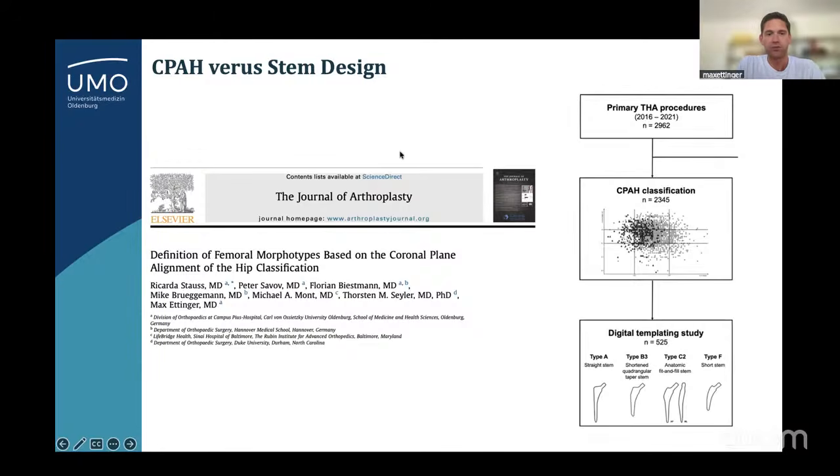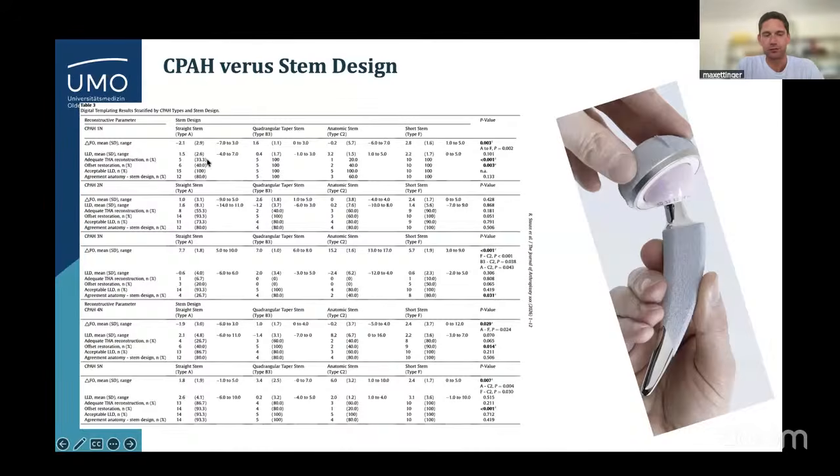And what we saw within that templating study is, and we're not going to go through that sheet here, that the short stem is basically the stem that allows us to reconstruct the patient's individual anatomy in most of the cases. So within that CPAH classification, a short stem is able to reconstruct about 83% of the anatomies when we talk about center of rotation, leg length, offset, and so on.